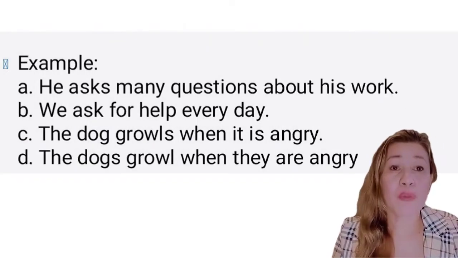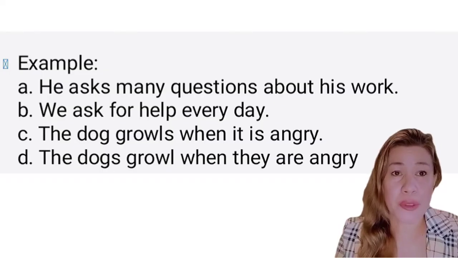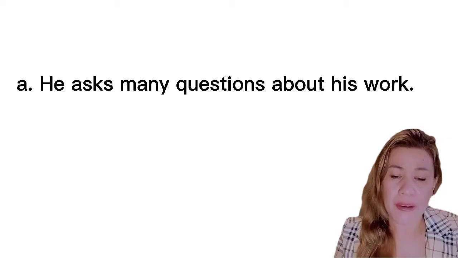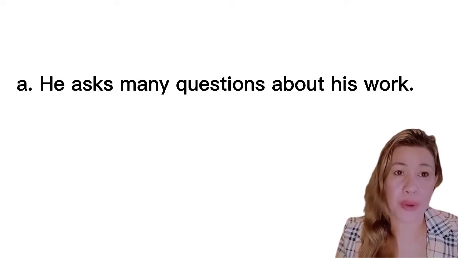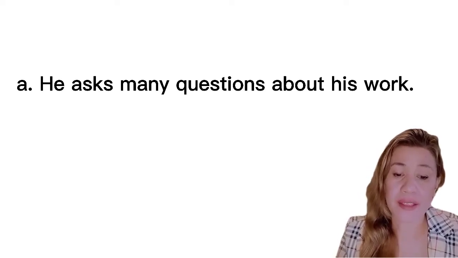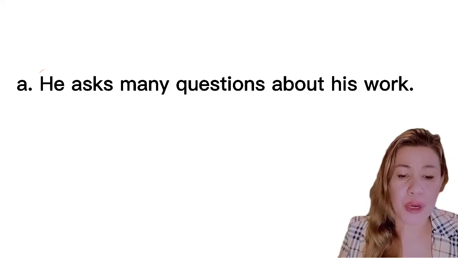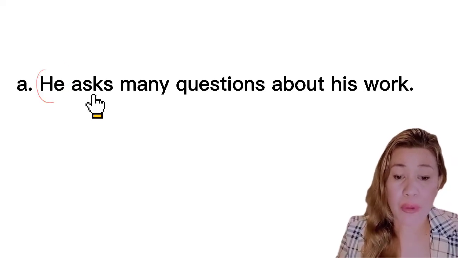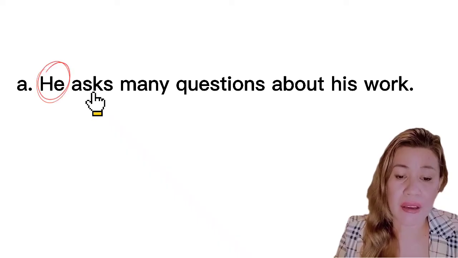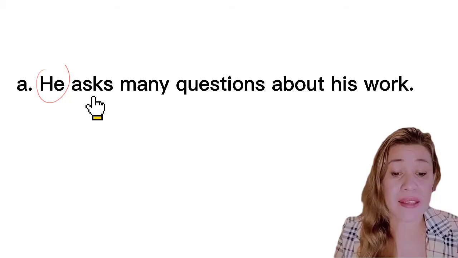Let's take a look at more examples for rule number 1. Letter A. He asks many questions about his work. Our subject is he and our verb is asks. It is so because our subject he is singular and therefore it will need a singular verb.